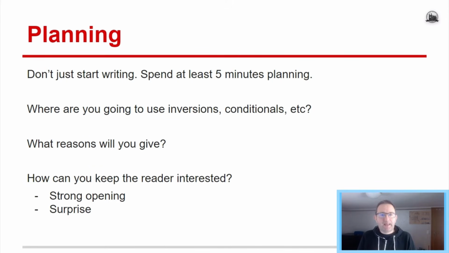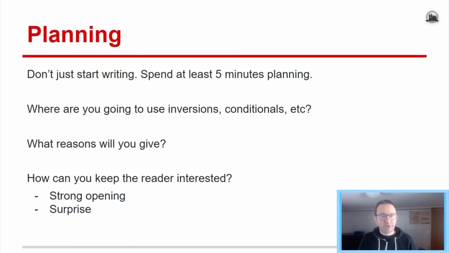You should spend 5 minutes planning. Don't worry that you've only got 40 minutes left. If you just write for 20 minutes, you will write 200 words, I'm sure. So it's not about how many words per minute, right? It's about the quality of those words.